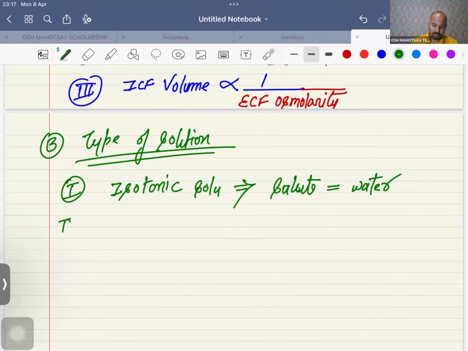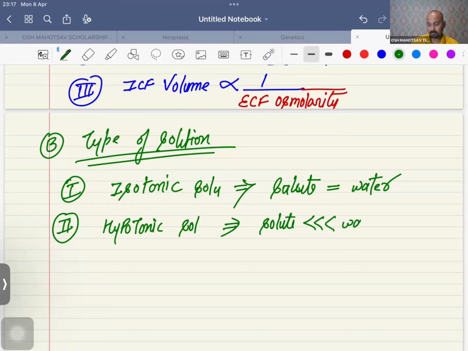Okay. And number two we have hypotonic solution. According to this, solute is very less than water. A solution in which water is more and solute is less.